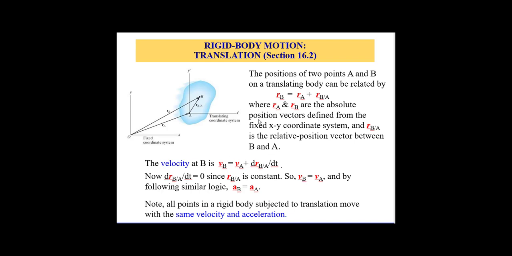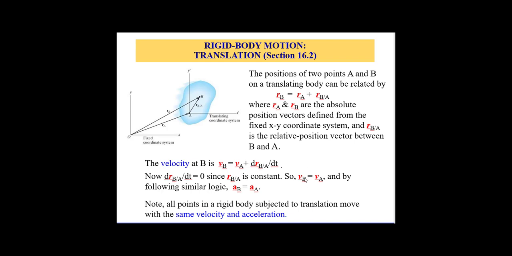Another way of saying it: take a derivative of this equation, knowing that if this is undergoing pure translation, the relative velocity is zero because it's not moving. Therefore this will drop, and then you have v_B equal to v_A, and also the acceleration if you take the second derivative.